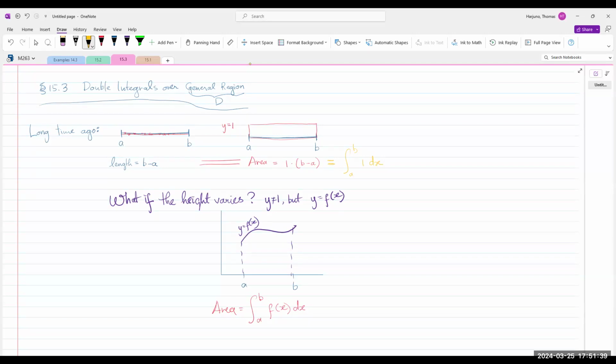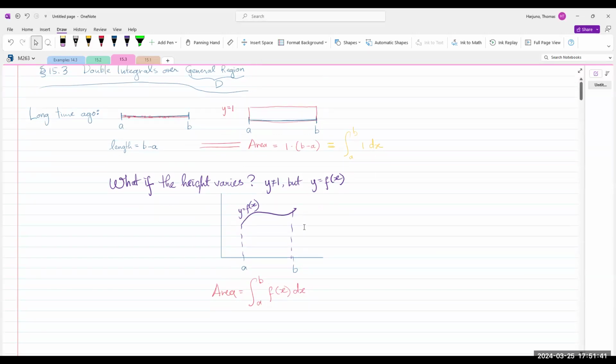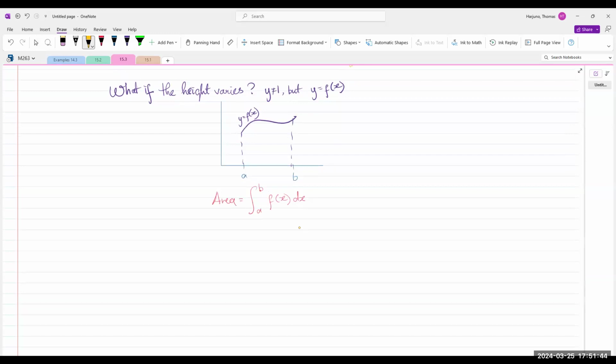Now, I want to do the next augmentation. This time, I want to see this area in the following way. Suppose I have this is my A and this is my B. Okay, that's the area, right?